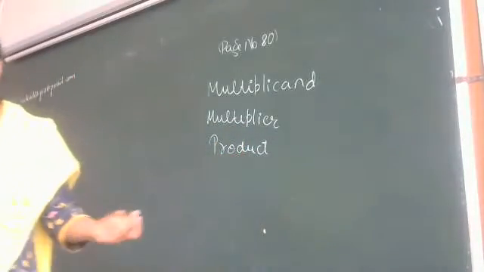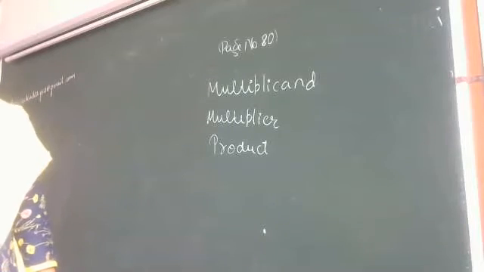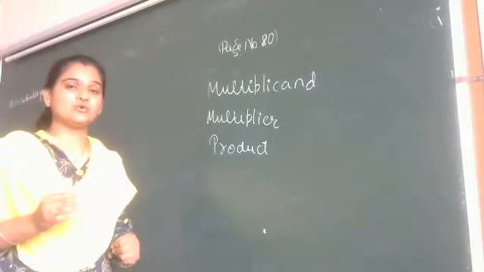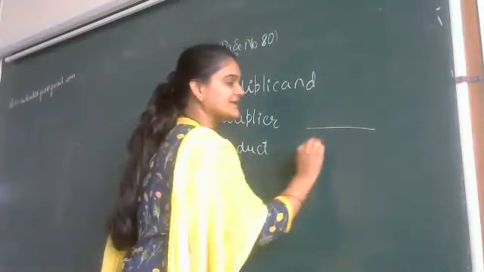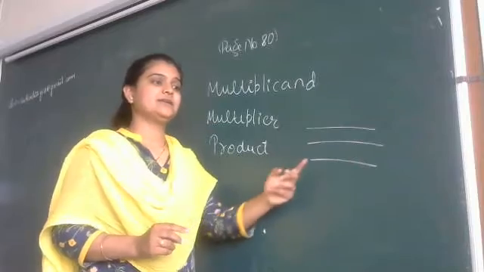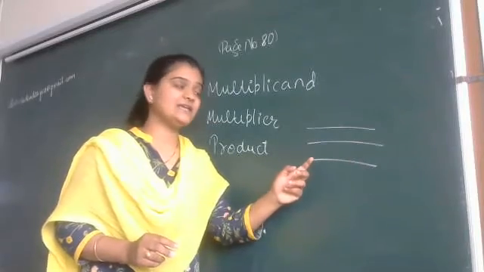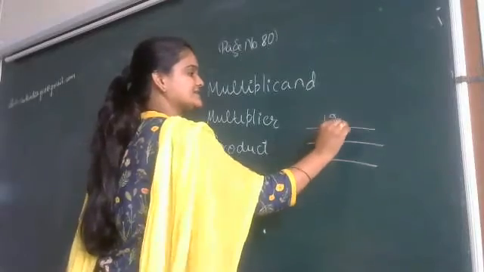Now, if I tell you, in a cricket stadium, the north stand has 35 rows and with 12 seats in each row. There are totally 35 rows. In each row, there are totally 12 seats.